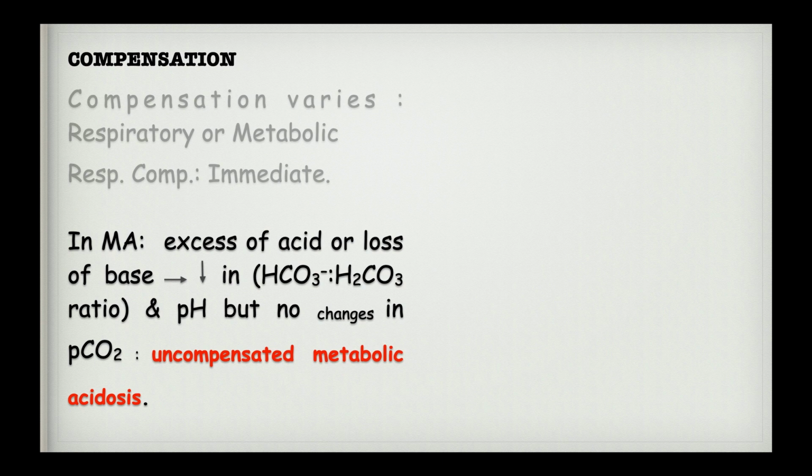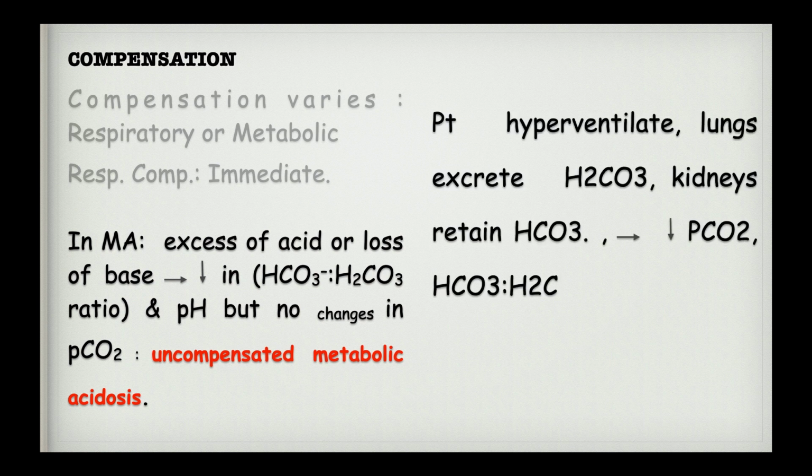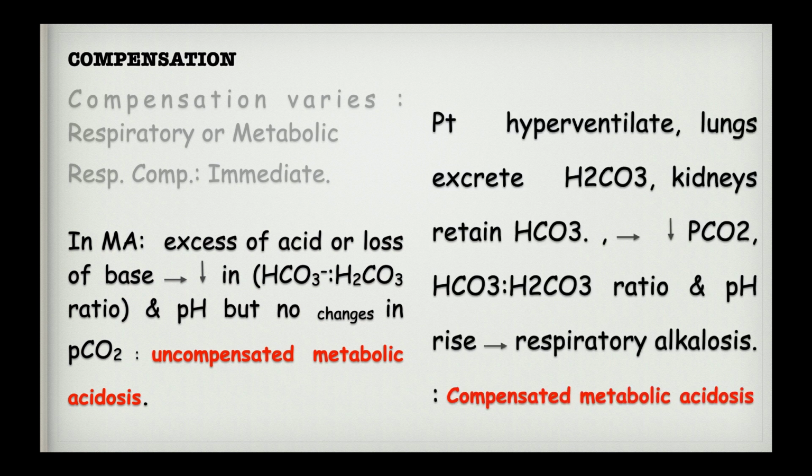Now, this fall or decrease in arterial pH will stimulate the medullary chemoreceptors, which will lead to an increased respiratory rate. So the patient would rapidly begin hyperventilating, thereby washing out the lungs of excess carbon dioxide, whilst the kidneys retain bicarbonate.